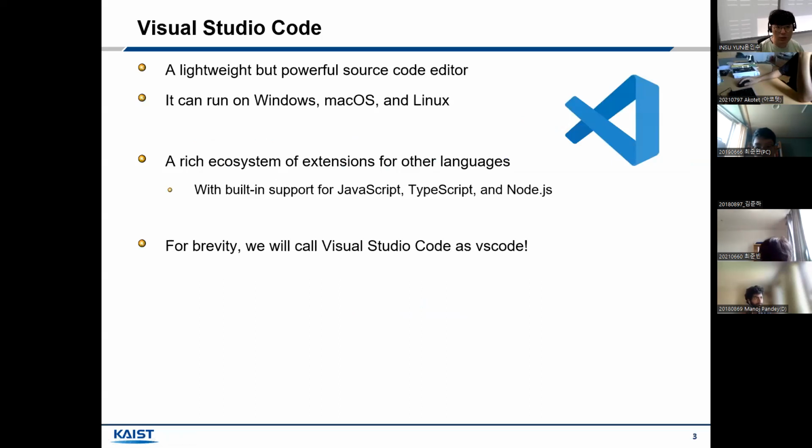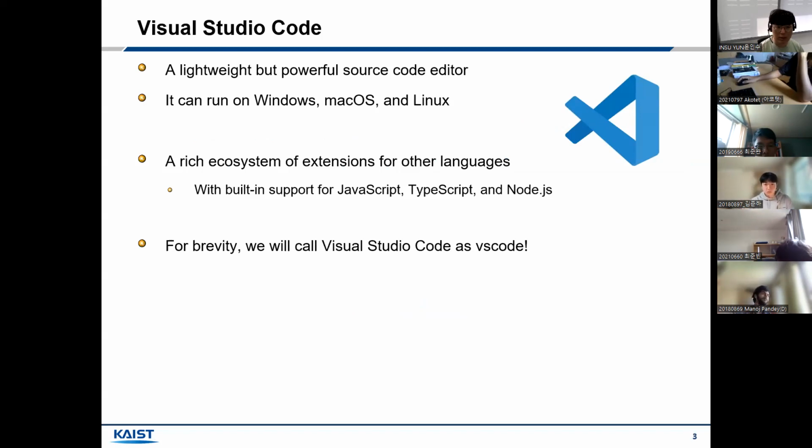Visual Studio Code is a lightweight but very powerful source code editor. This is developed by Microsoft, and it supports most of the platforms that you are using. For example, Windows. I'm using Windows. I used Mac OS, and Visual Studio Code also supports it.